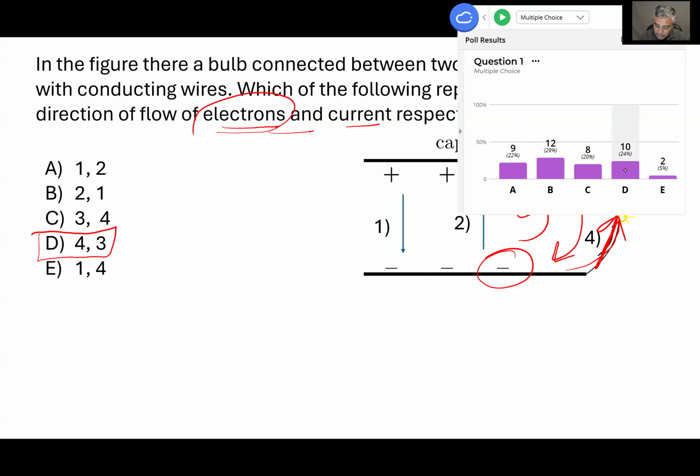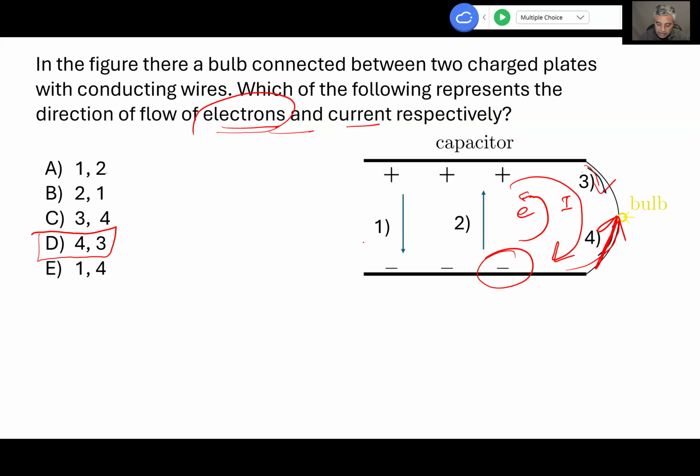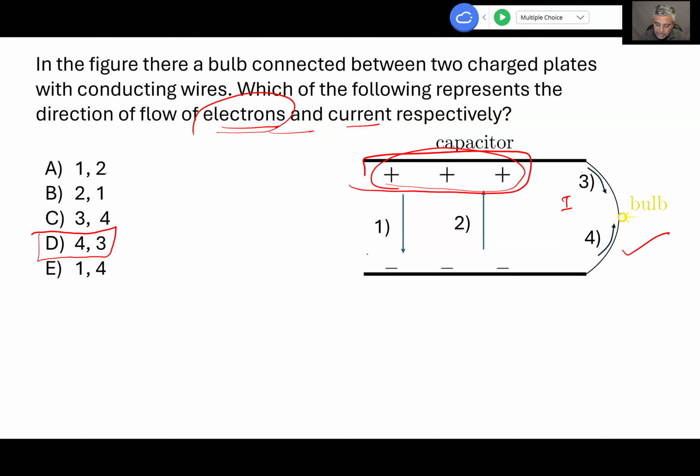Yeah, a lot of you found this difficult. I don't know what happened. See, this 1 and 2, it's a capacitor, so these charges don't move. They just stay on the plate unless you are connecting with a wire. They break down only when there is an extremely large number of these charges.